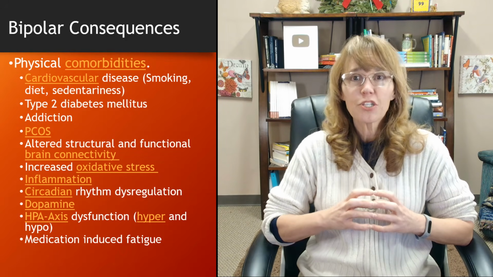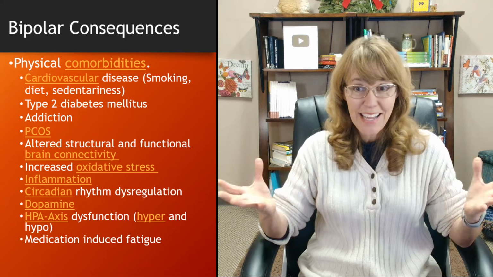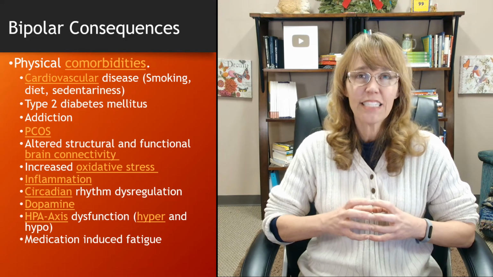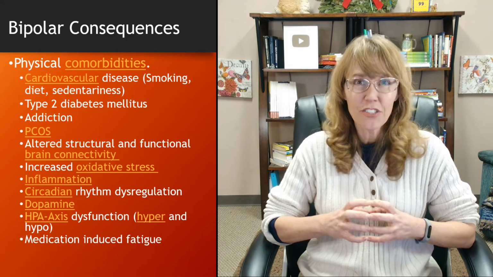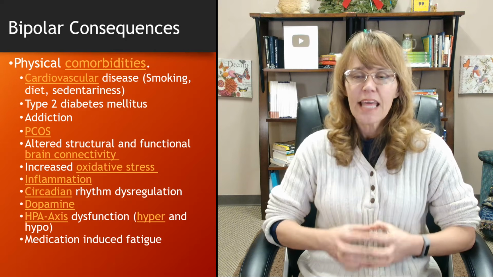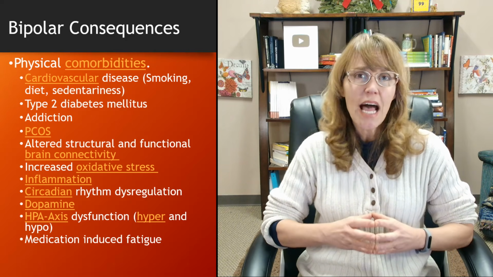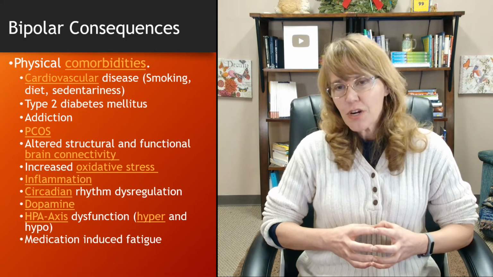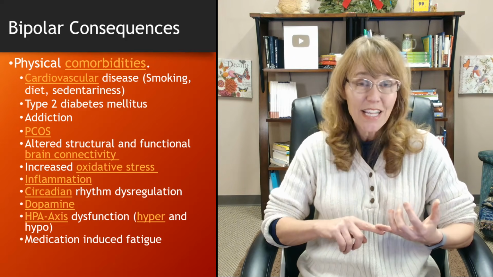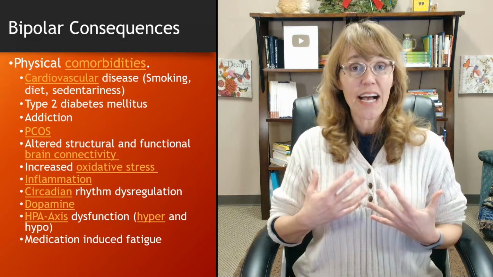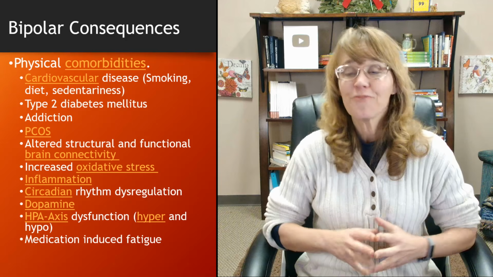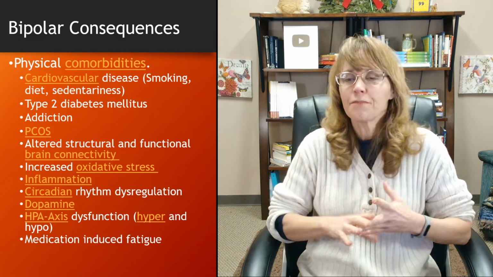People with bipolar have shown in PET scans that they have altered structural and functional brain connectivity. Their brain actually is wired differently and responds differently to stimuli. They may have increased oxidative stress. Well, oxidative stress happens when the body is under stress because of poor diet, because of that HPA axis, that fight or flight stress response system being higher and turned on more.